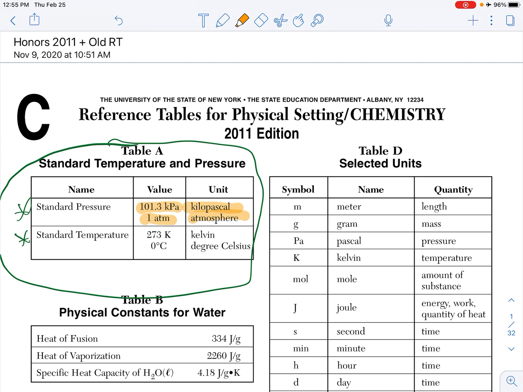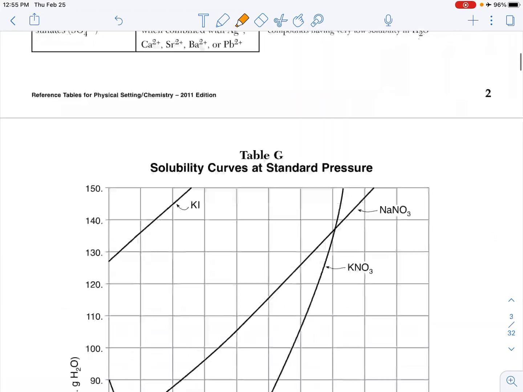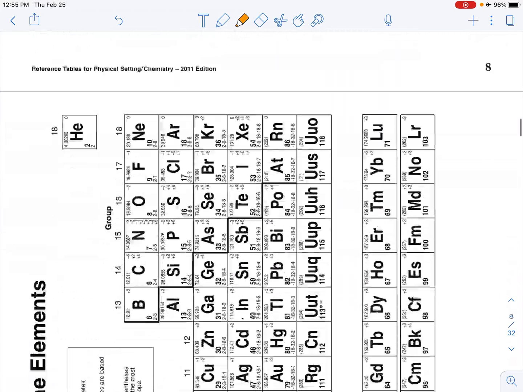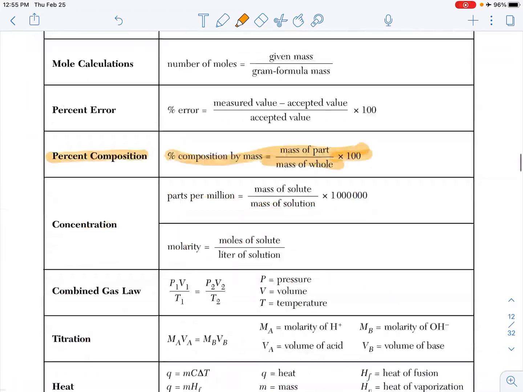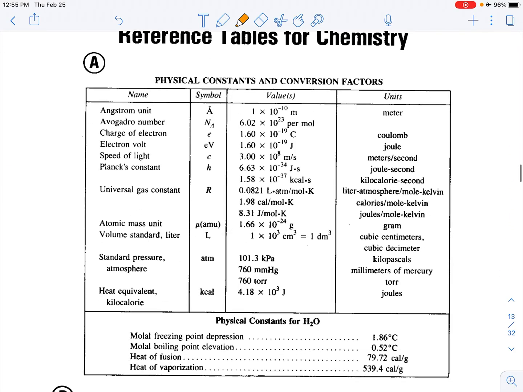If you're in the honors class, on honors table A, you'll find standard pressure in atmospheres. So that would be 1 atmosphere. You'll find 101.3, you'll find 760 millimeters of mercury, and you'll find 760 torr. If you're in the regular college prep, you won't need to worry about those other 2 values. But for the honors class, know where to find it. So those are all the standards.